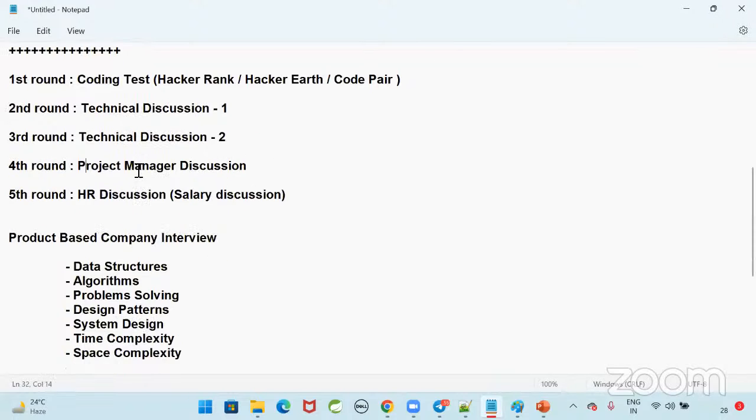In the project manager round, they are going to ask where you have used security in your project, how you implemented security, where you have used multi-threading, where and how you handle exceptions, what challenges you faced, and what difficult task you implemented. If you are not able to complete the task within the given time, how will you convince your manager?